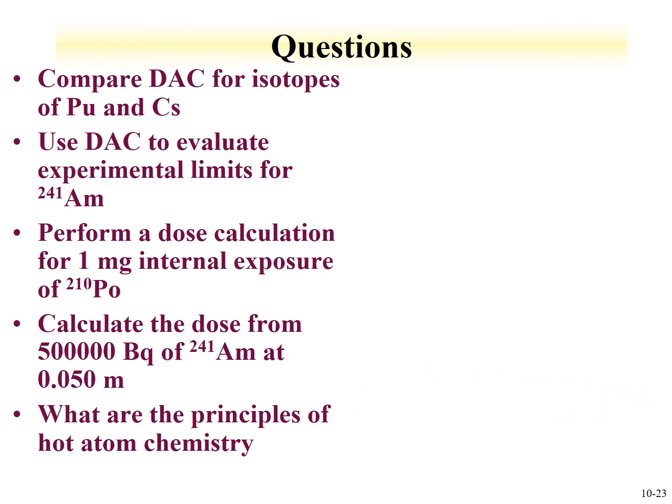That new isotope that's produced should have its bond broken with the molecule that it was bound with. The fragments that are formed should not recombine. The released isotope should not exchange with the target molecule, so there should be slow kinetics, and the new species should be able to be separated.